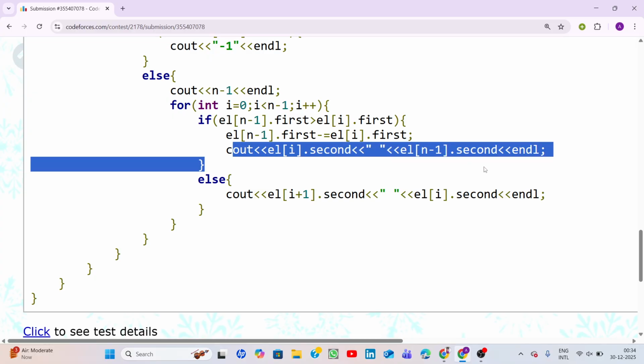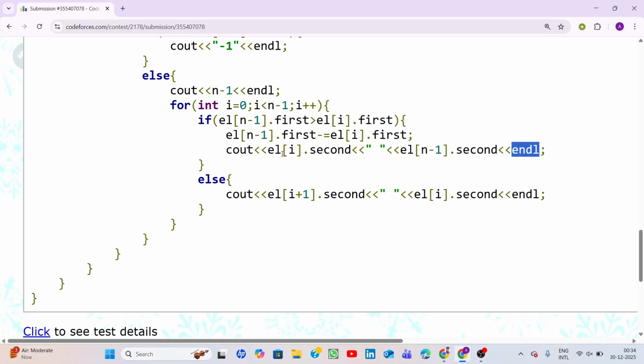Basically here and here, till now the ith elif will attack onto the last elif to reduce its health. Okay, and when the last elif value gets reduced to this, we would just print the last value.